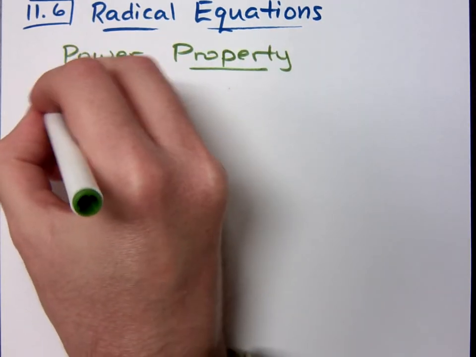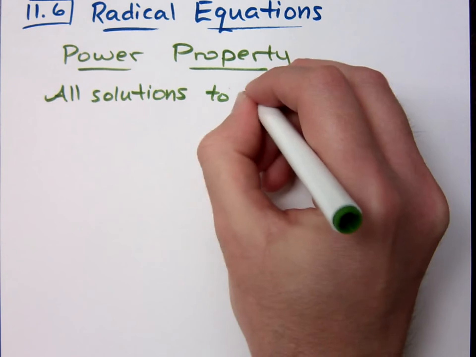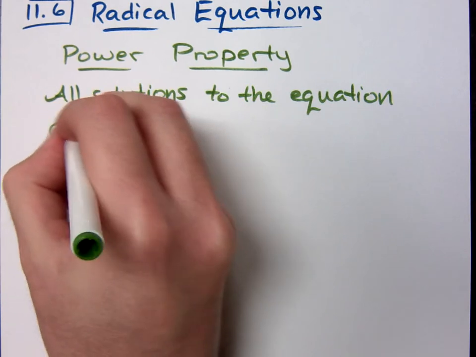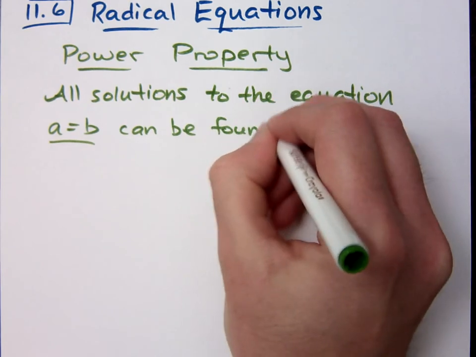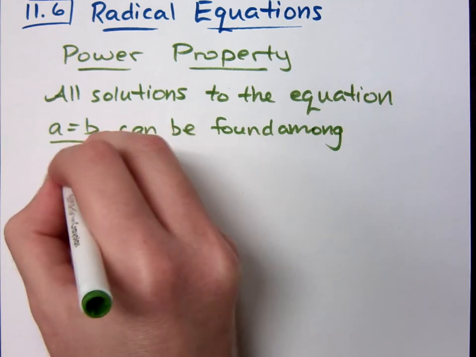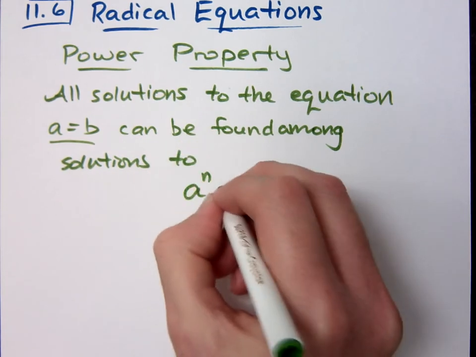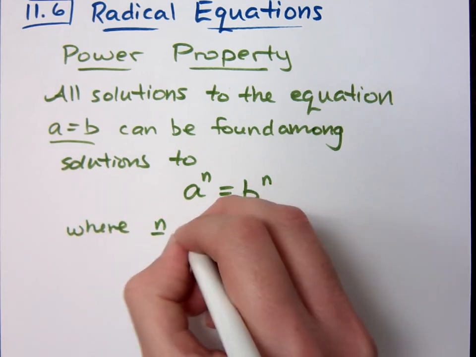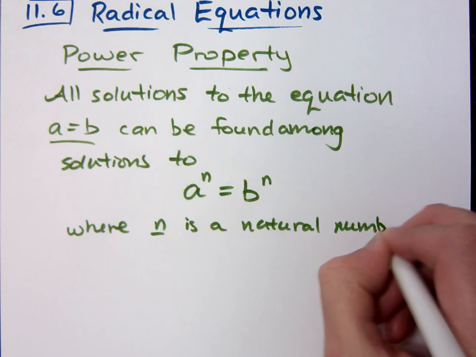And here's what the power property says. It says that all solutions to the equation A equals B can be found among solutions to the equation A to the n equals B to the n, where n is a natural number.